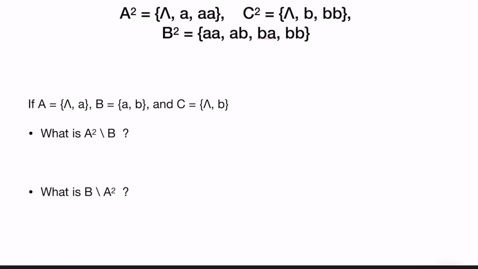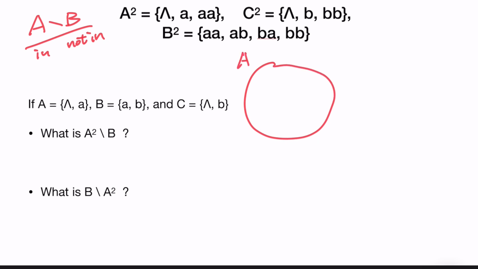Our last two questions are about working out the difference between two sets. For example, the difference between A and B: you work out something in A, but not in B. It's easy to use a Venn diagram to solve this type of question. Okay, here is A square.